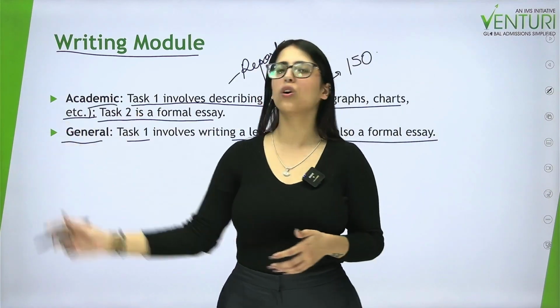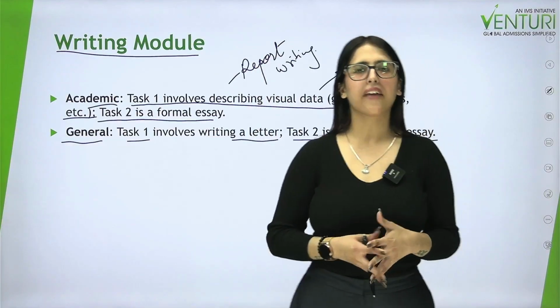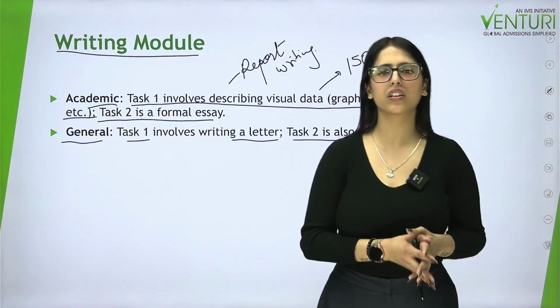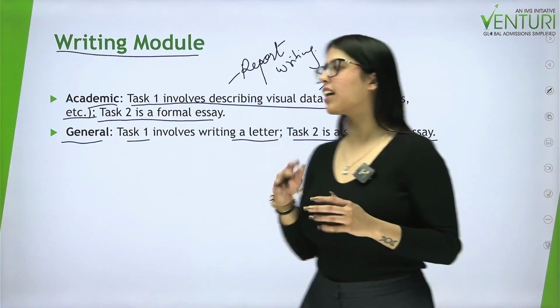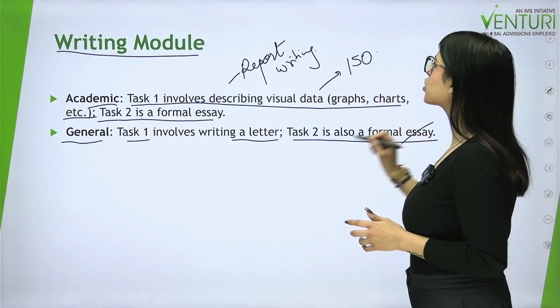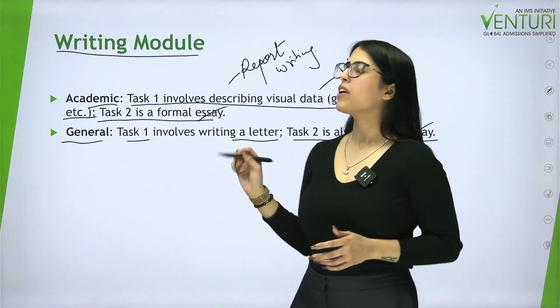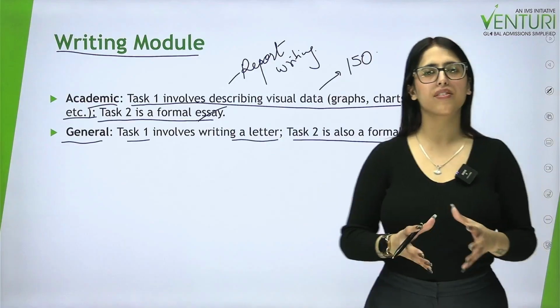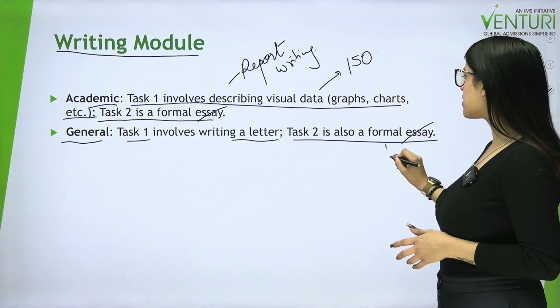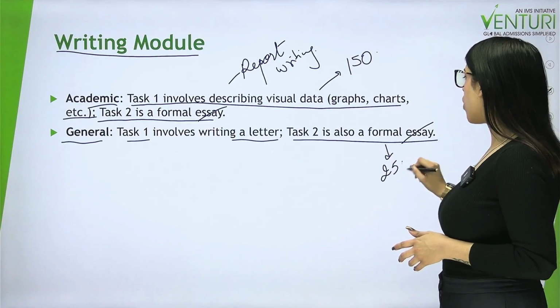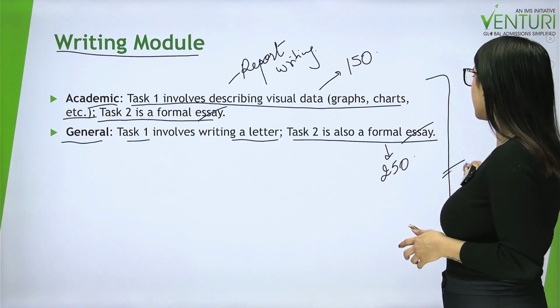So here also they give you a question, and there is going to be a topic in that question, and that is going to be given to you in your question paper itself. So there is nothing that changes about the task 2 for both of them, but task 1 is going to differ for both, right?